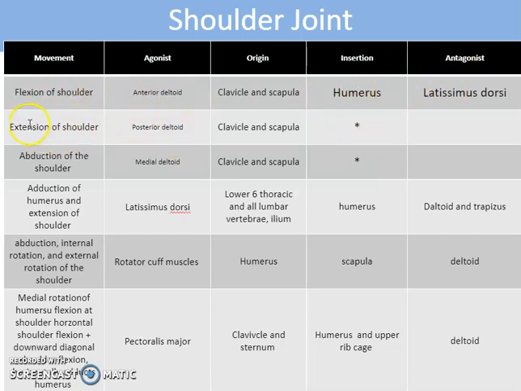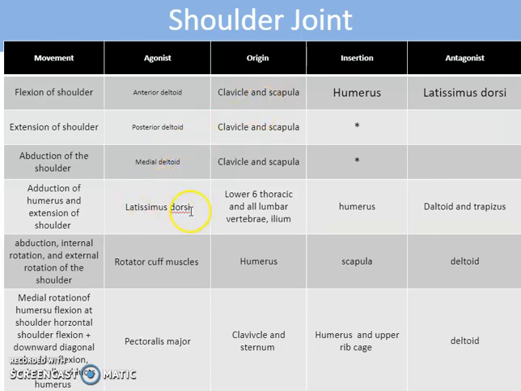The posterior deltoid performs extension of the shoulder, with the origin at the clavicle and scapula, and the movement at the medial deltoid is the abduction of the shoulder. The clavicle and scapula are also its origin. Notice all three have the clavicle and scapula as the origin, just on different sections of these.